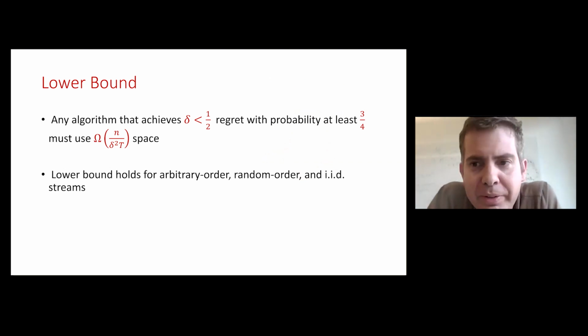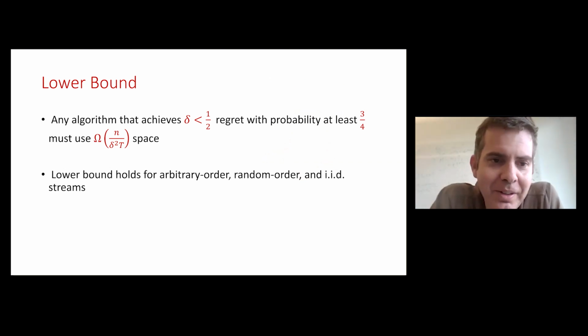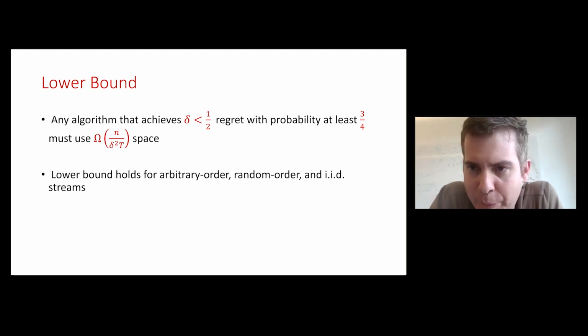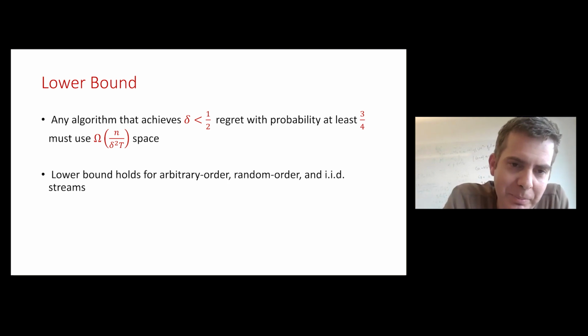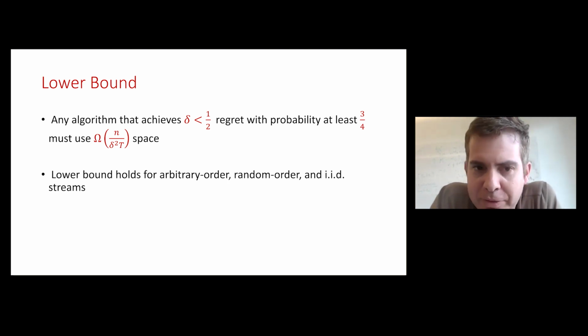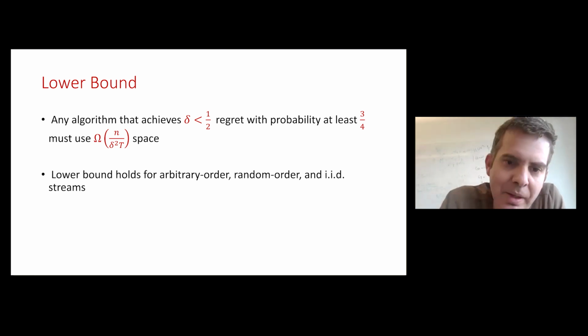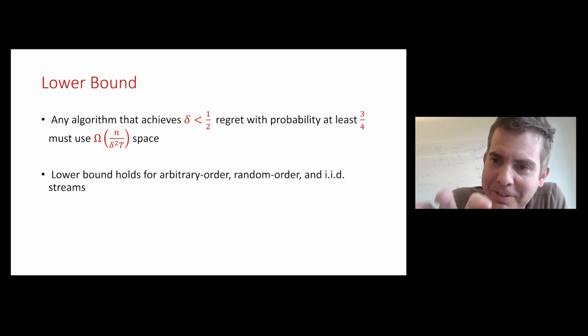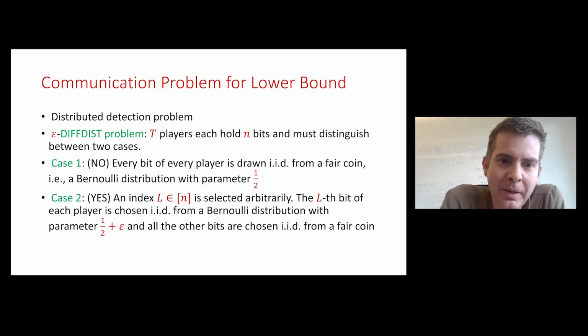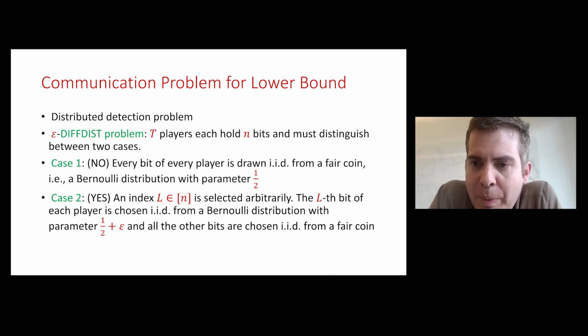Recall the statement of the lower bound: any algorithm that achieves regret delta with constant probability requires n over delta squared t memory, and it holds for all these different streaming models, essentially because the hard instance is distributional, so it's automatically random order and so on.